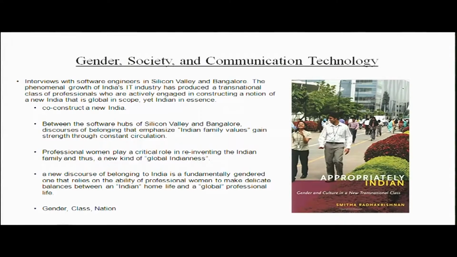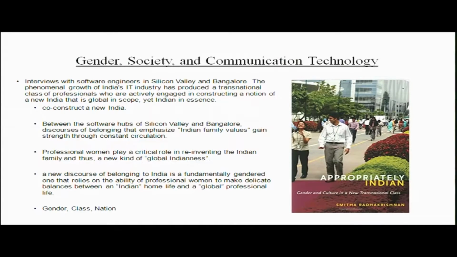starts from the intimate sphere, from what are the changing values, what are the changing family values, what are the changing values within marriage, within other sorts of domestic relationships. So we also see the role of professional women playing a critical role in reinventing the Indian family and a new kind of global Indianness in this work.